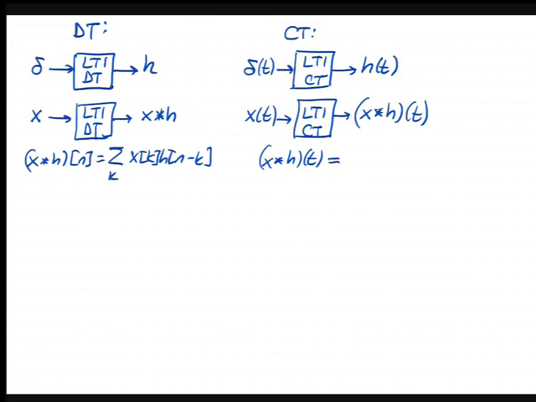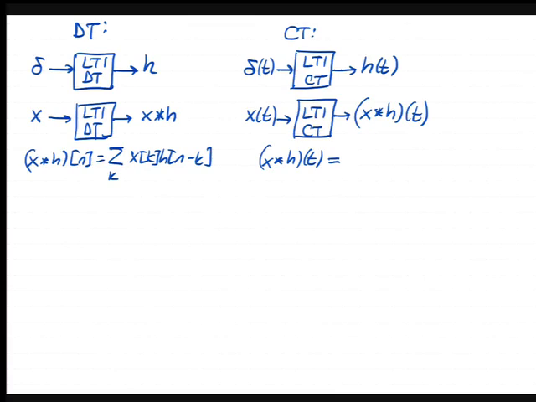The time here was little n, and we used dummy k. Now its time is little t, and we need a dummy for that. Something that sounds a little like t: tau, the Greek tau. Greek letters always come to the rescue.